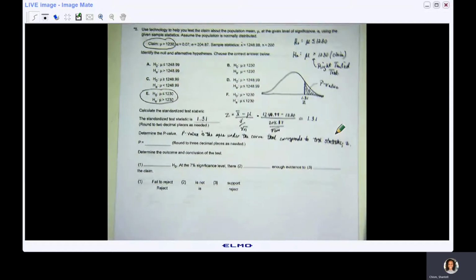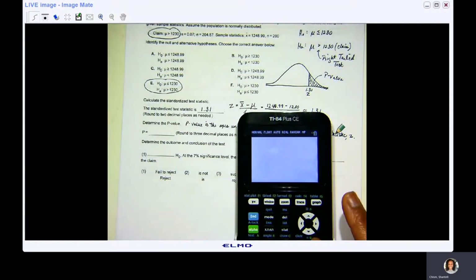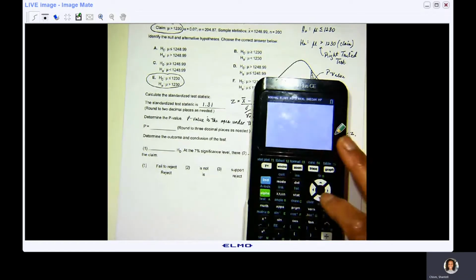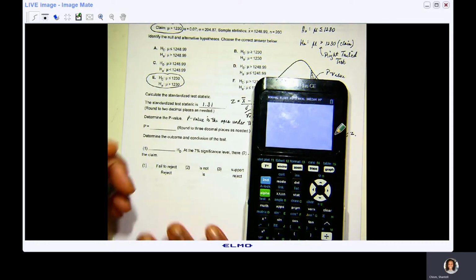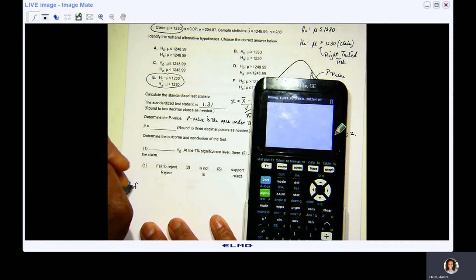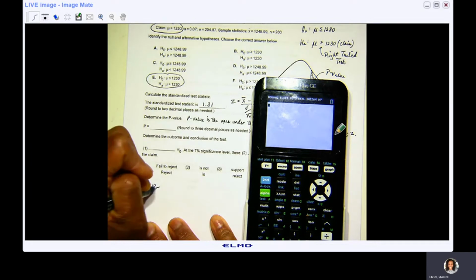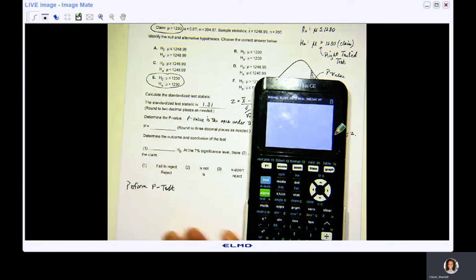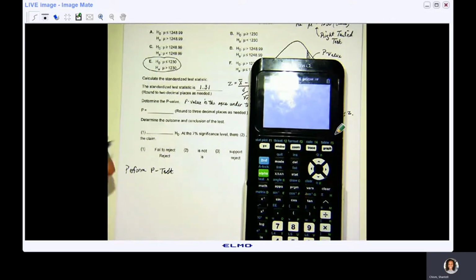Okay? So I'm going to use the calculator now. I want to perform a z-test. How do I pull that up?